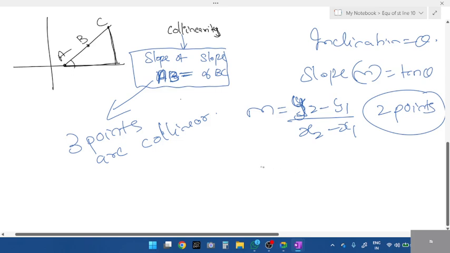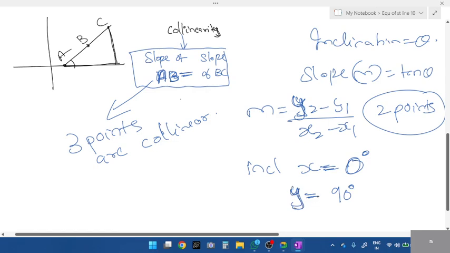Fine. When it comes to slope, these are the formulas, students. All of you understood what inclination is and how to use slope formulas, right? One more thing: inclination at the x-axis. What is the inclination at the x-axis? It is 0 degrees. What is the inclination at the y-axis? Inclination at the y-axis is 90 degrees.